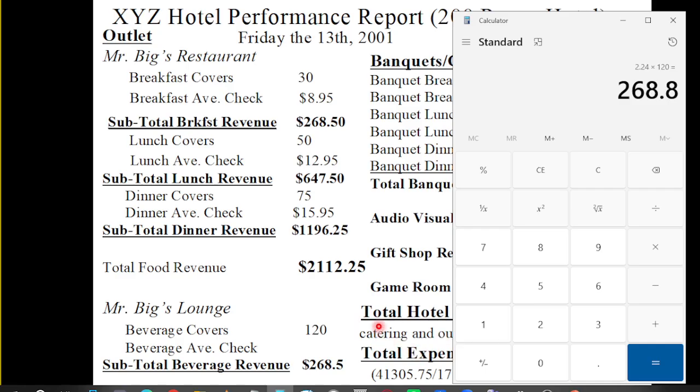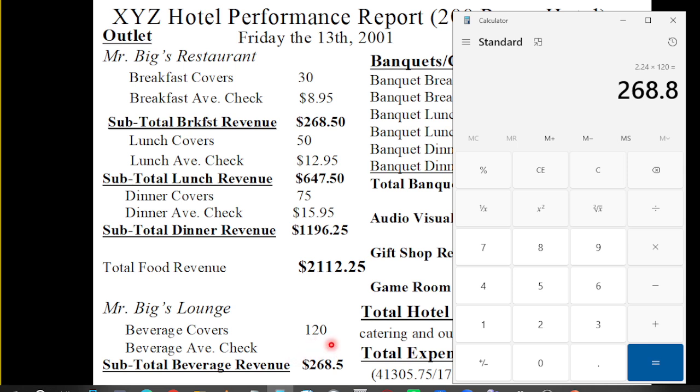We'll try again. 268.50 divided by 120 is equal to 2.24. So 2.24 times 120 is equal to 268.8. It's off by 3 cents because of rounding. So that's how you get it.